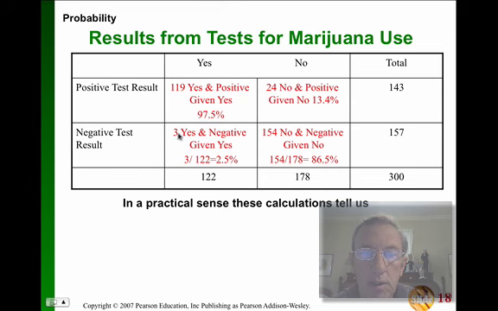Given yes, which is 122, and a negative test result, which is 3, 2.5. Given no, 178, divide that into 24 and get 13.4. And given no, divide that into 154 and get 86.5.